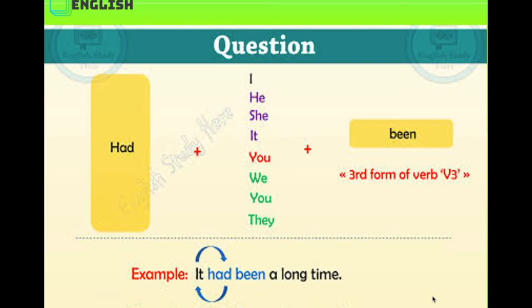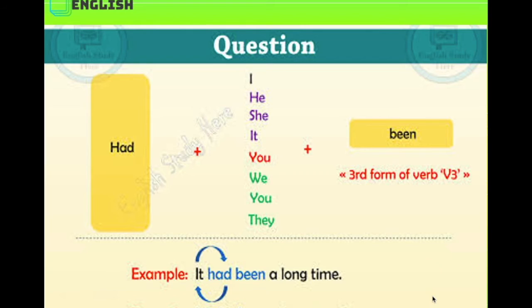Next is the question. As I told you in an earlier class while we were studying has and have, in the same way when we learn the past perfect tense, that is, when we use had as an auxiliary verb, in question format we use had first.